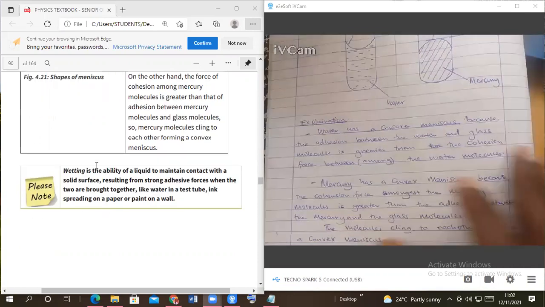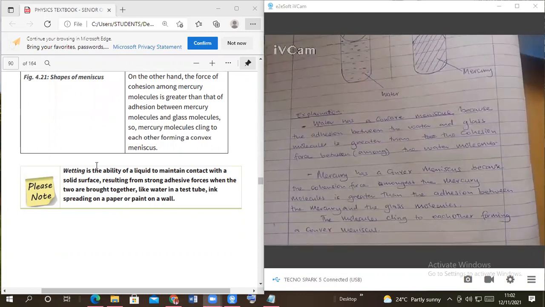So let me ask you. Now I'm going to ask you. Have you finished copying this? So here they define, please note, wetting is the ability of a liquid to maintain contact with a solid, resulting from strong adhesive forces when the two are brought together, like water in a test tube, ink spreading on a paper, or paint on a wall.